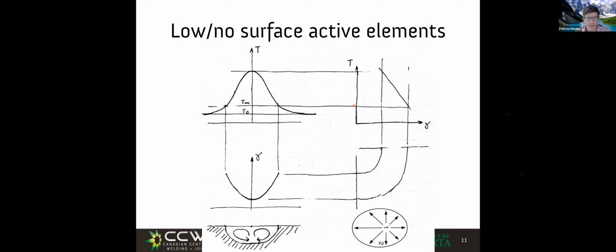Okay, look at this. In the center of my weld bead, I have the hottest temperature. That means the lowest surface tension. And at the edge, in which I reach melting temperature, I have lower temperatures, therefore higher surface tension. Aha, arc blow.